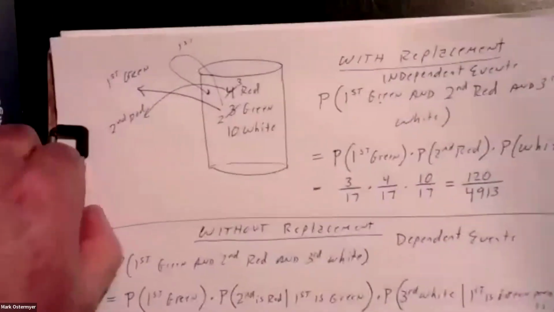All right. So in general, this is the second multiplication rule.